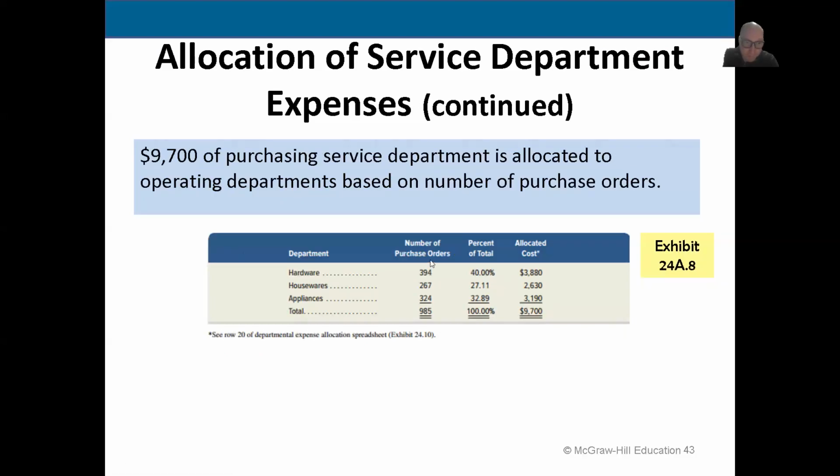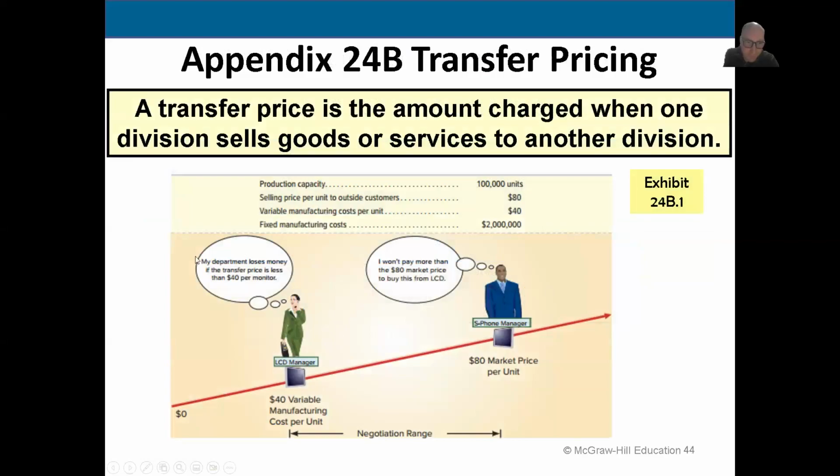More of the same. We talked about transfer pricing, the negotiation between the two department managers. When it comes to transfer pricing, the key thing to remember here is that the transfer price is anywhere between the maximum market price, the sales price, and the variable cost.